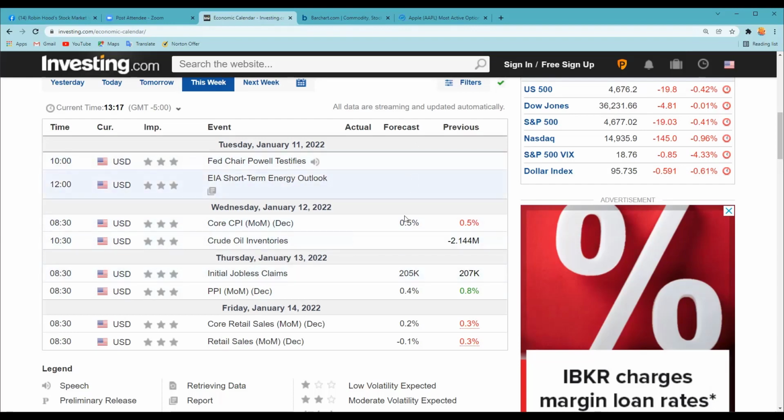We need to see what the forecast amounts are, as well as the actual results, because it will tell us whether the day is going to be bullish or bearish, or maybe one report could be good and the other report will be bad. Then that lets us know the day is going to provide mixed signals.